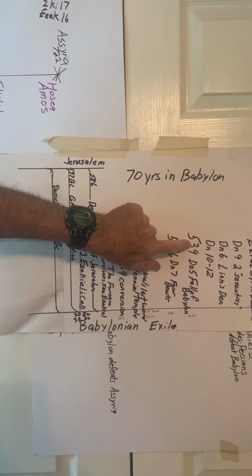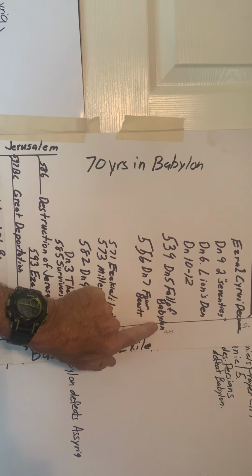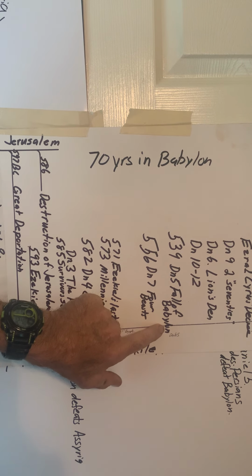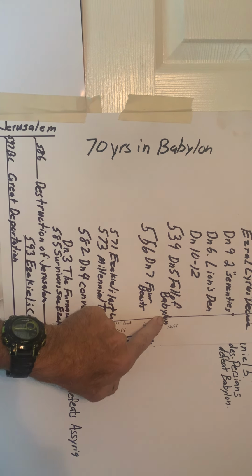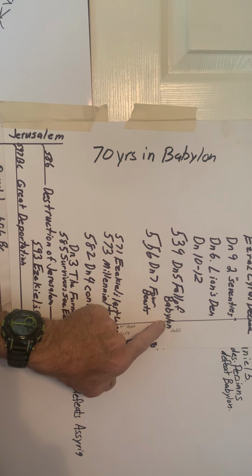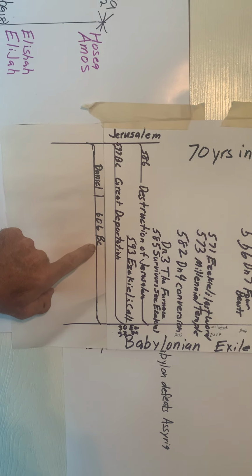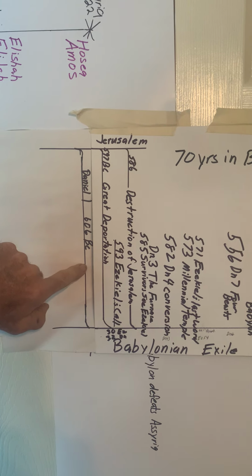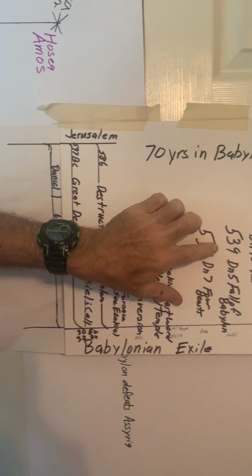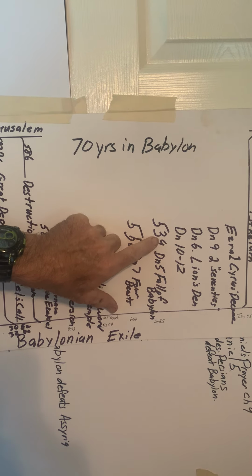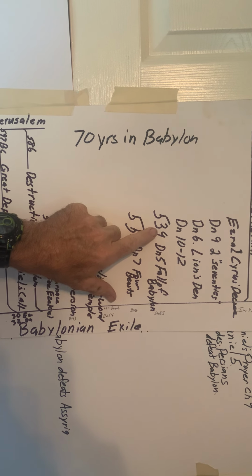539, we see the fall of the Babylonian Empire. And that's kind of interesting because those same vessels that Nebuchadnezzar took out of the temple of God back in 606 before Christ were brought out to use in honor of false Babylonian deities.